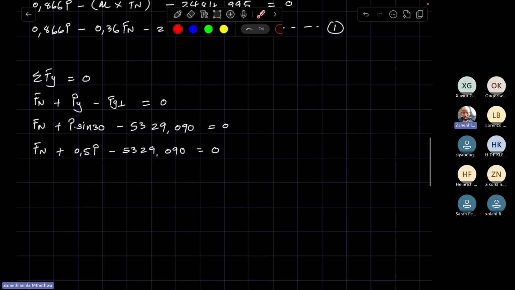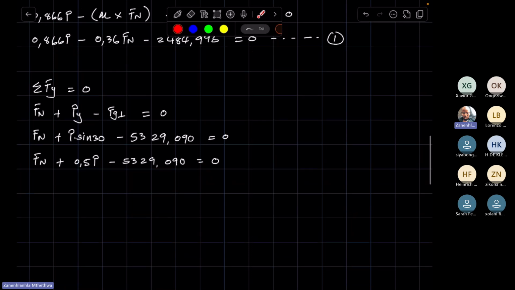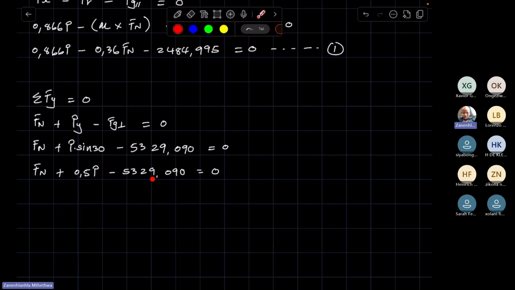Now, here we are looking for the force P. So it is going to be convenient that we make the normal force the subject of the formula in the second equation, so that we can then substitute it into the first equation.